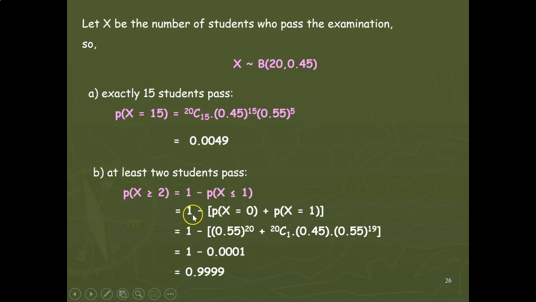This is actually equal to 1 minus, less than or equal to 1 means probability X equal to 0 and probability X equal to 1. So you can substitute the value into the formula of nCr p^r q^(n minus r). This is for when X equal to 0 and this is for when X equal to 1. So at last you will have this value.